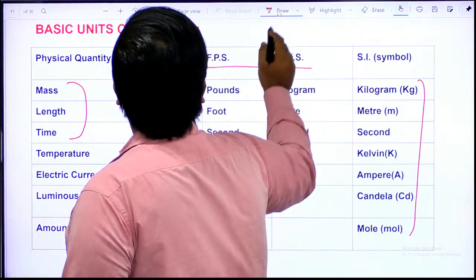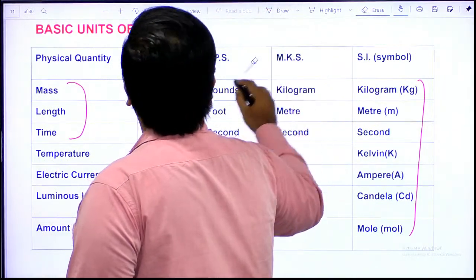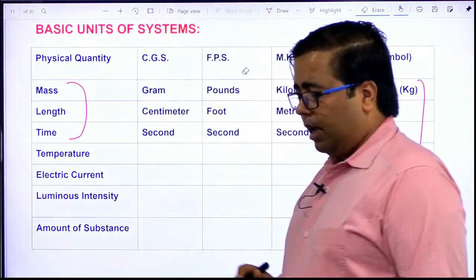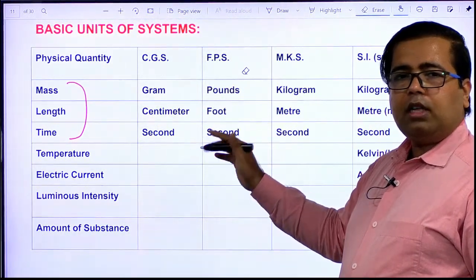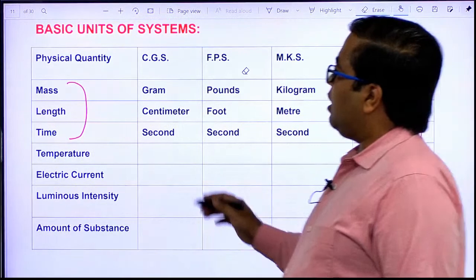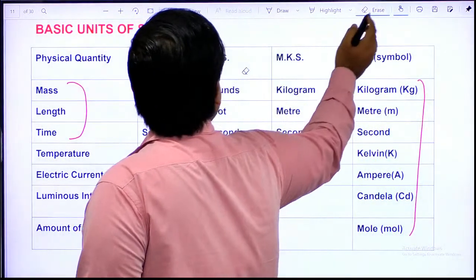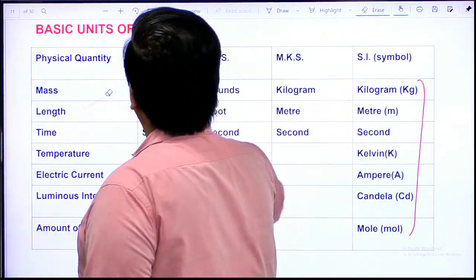So that's why in CGS, FPS and MKS we have only 3 fundamental quantities and 3 units. I will discuss SI after discussing these 3.